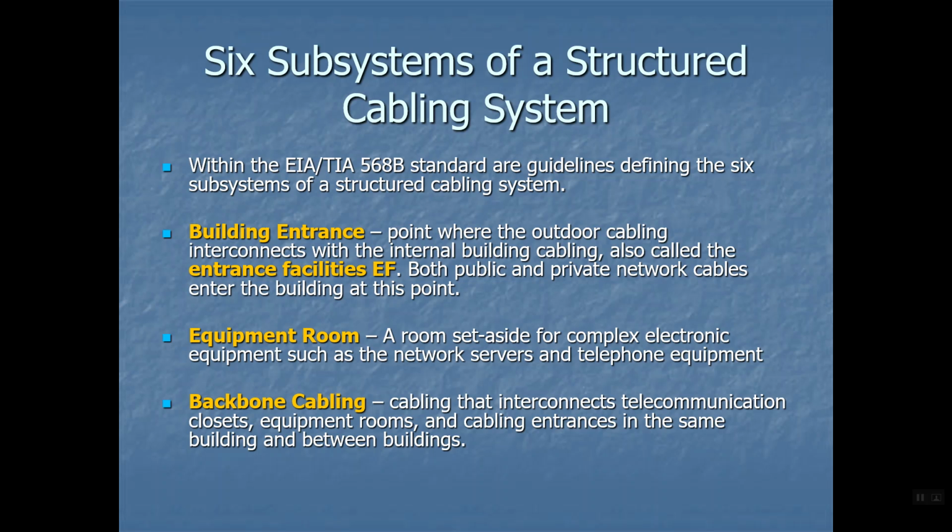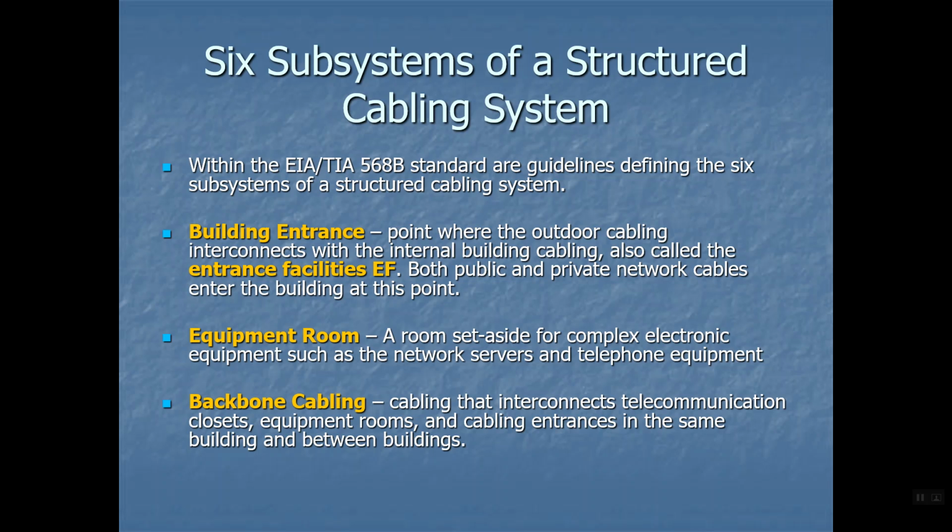If it is a small operation, most likely you're not going to have a backbone. But if you have more than one floor, more than one building, you will have a backbone. This is divided into different sections. Every building is going to have an entrance. That part is where you shake hands with your internet service provider.